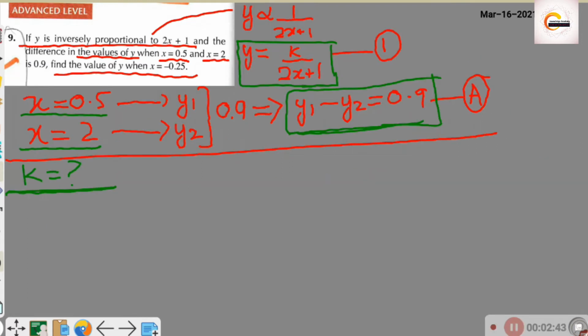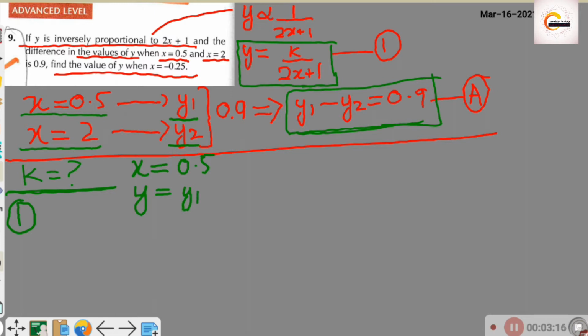I am going to calculate the value of y1 and y2, which is obviously going to be in terms of k, because in our formula number 1 we must know the value of two variables. But we only know that x is equal to 0.5 and y is y1.